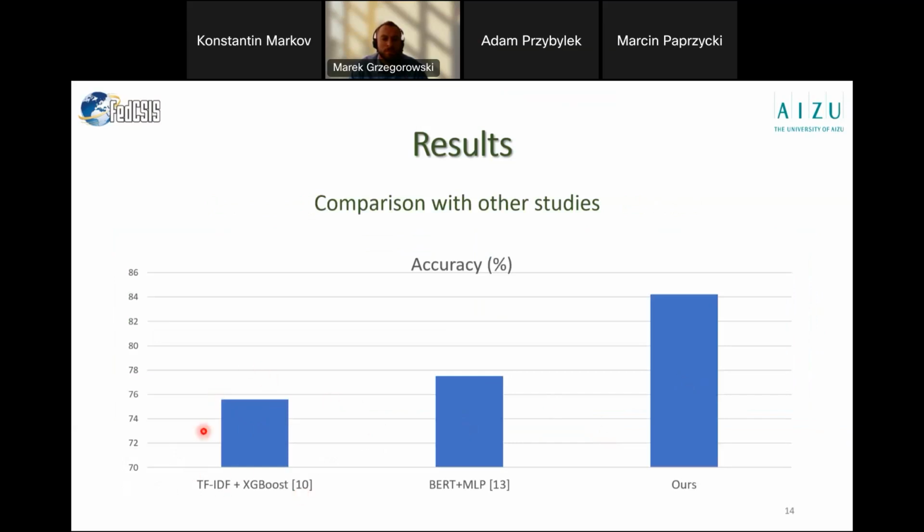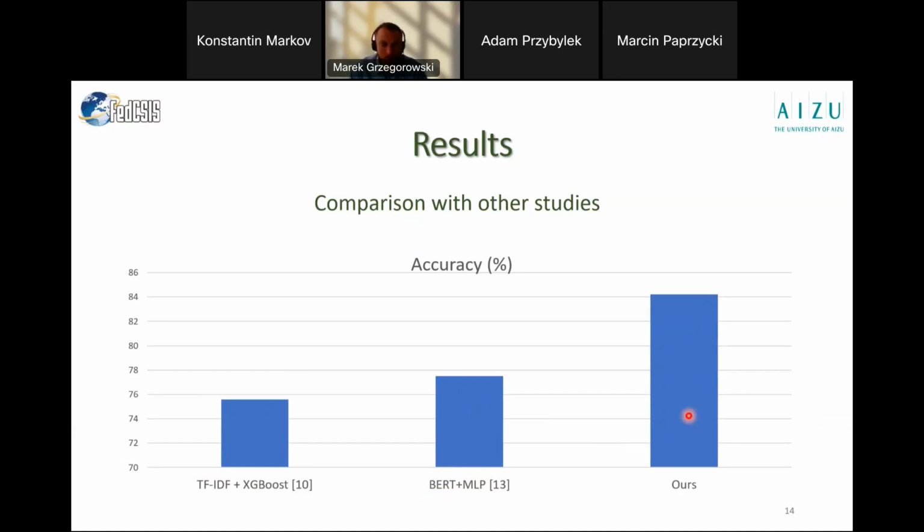The first one uses the standard TF-IDF features and XGBoost classifier. This is the result of our baseline, of the paper from which we took our baseline. It uses BERT document embeddings and an MLP classifier, and this is our result.